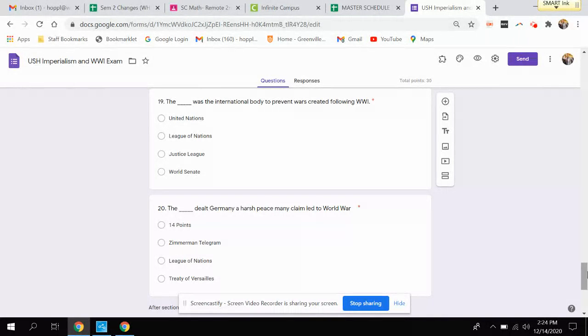This was the international body to prevent wars created following World War I. The United Nations, the League of Nations, the Justice League, or the World Senate? And question 20. This dealt Germany a harsh peace many claim led to World War II. The 14 points, the Zimmermann Telegram, the League of Nations, or the Treaty of Versailles?